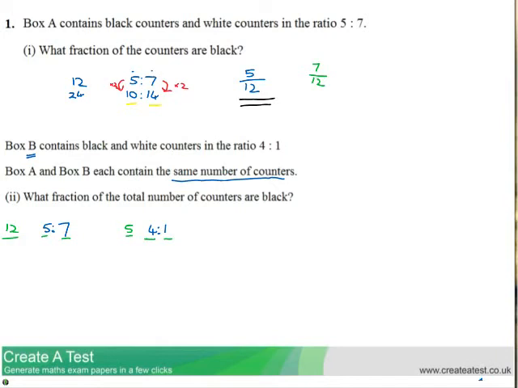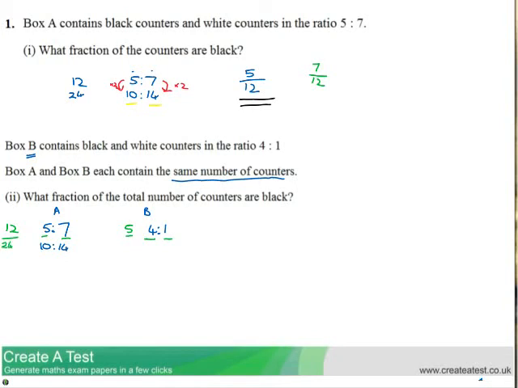So a possibility for the box A, which is here, is we could have 10 to 14. And that would be an equivalent ratio of 5 to 7, which would give us 24 counters.